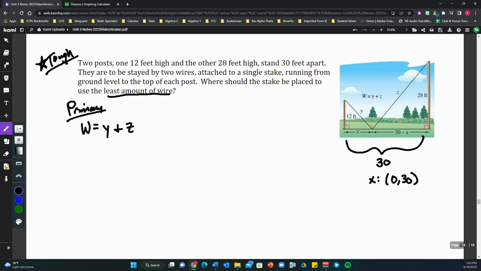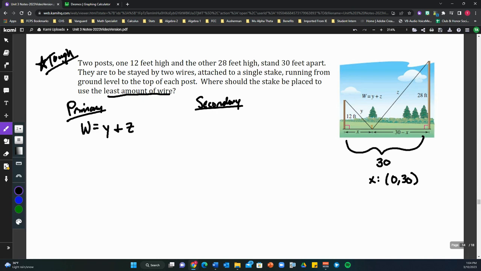So as of right now, W is our quantity we're trying to optimize, but right now it's depending on Y and Z. So we're going to have to do something unique here. So in this case, we actually don't have just one secondary equation, but we're actually going to have two. Because with the information that we know, there is no one way as of right now to take the quantities of y and z and relate them to each other.